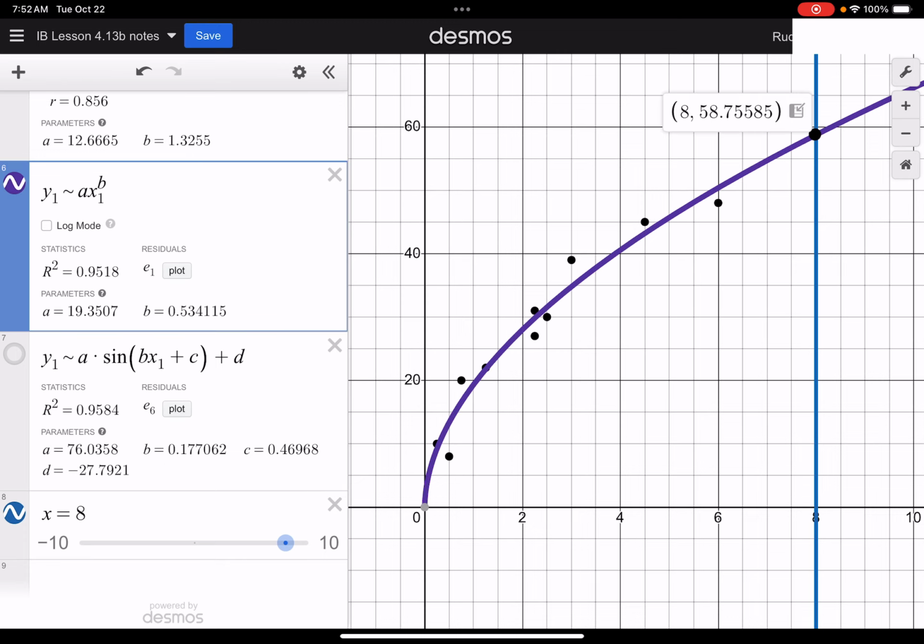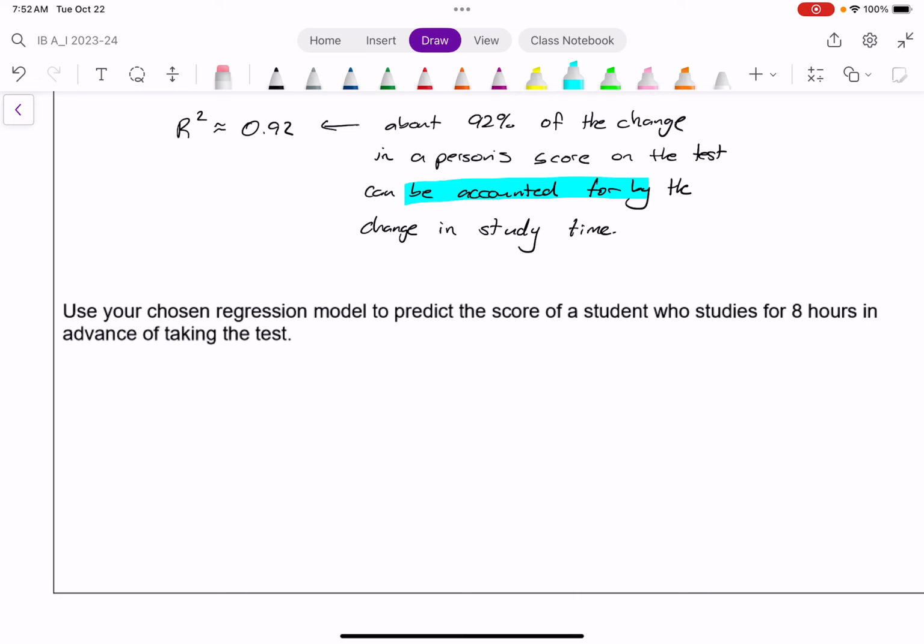According to this, we should have a score of roughly 59. I think the regression model I have here on Desmos is slightly different than the one on my TI-84, but roughly it comes to about 59 if you let x equal 8. Y is approximately 59.